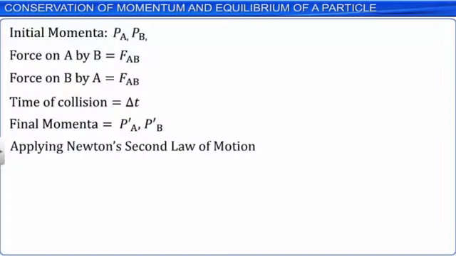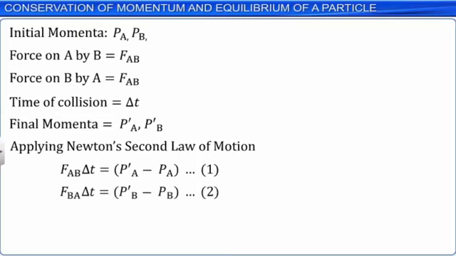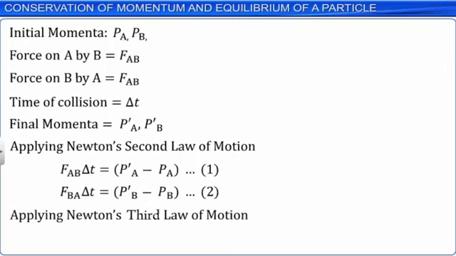Applying Newton's second law of motion to the two bodies, we get FAB delta t is equal to P-A minus PA, and FBA delta t is equal to P-B minus PB. Applying Newton's third law of motion, we get FBA is equal to minus FAB.